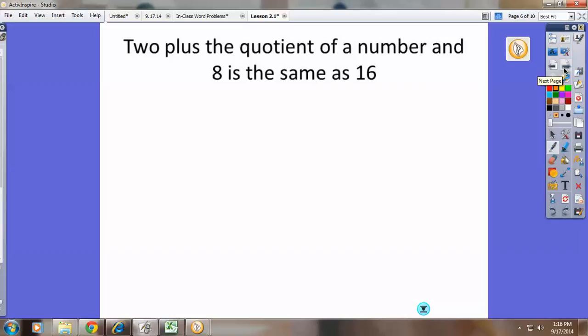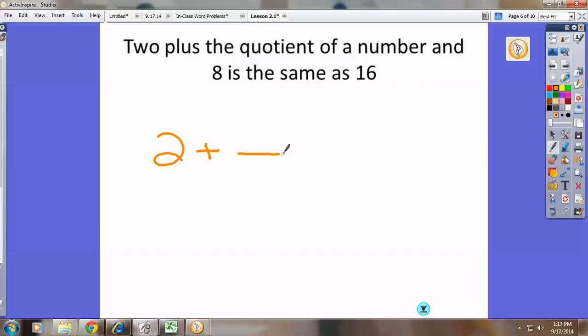Here we have 2 plus the quotient of a number and 8 is the same as 16. 2 plus, we know what that looks like. 2 plus the quotient. What does quotient mean? It means the answer to a division problem. Okay. So we're dividing. What are the two things that we are dividing?